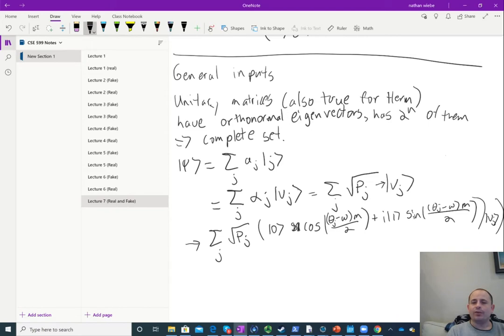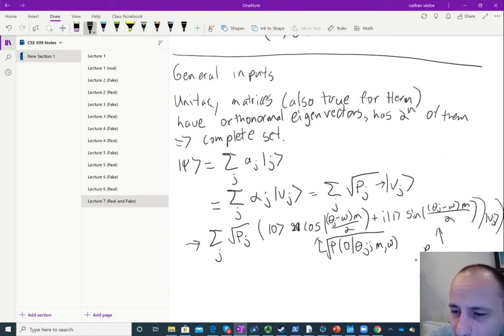Okay, great. And so now let's take a look at this. I'm going to call this term over here P of 0 given theta j, m, and omega. This over here I'm going to call the square root of the probability of 1 given theta j, m, and omega.